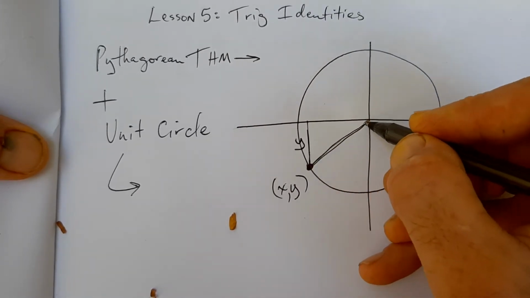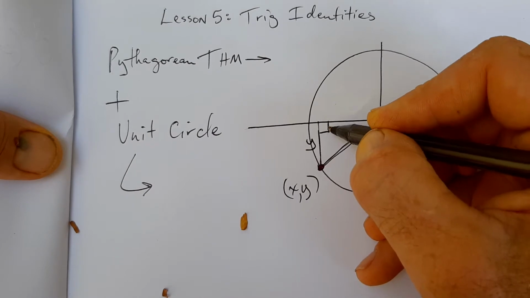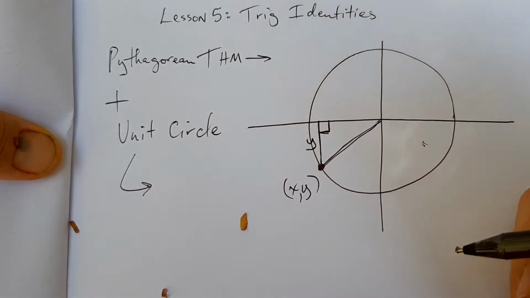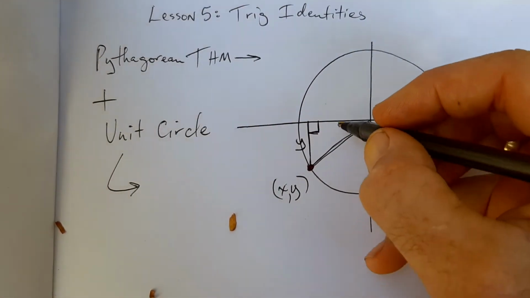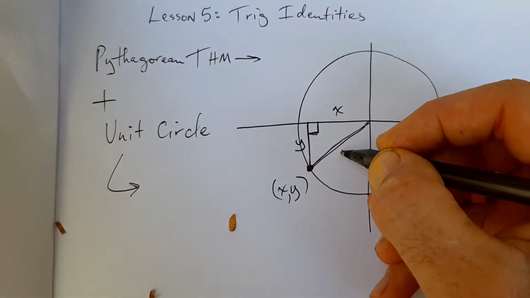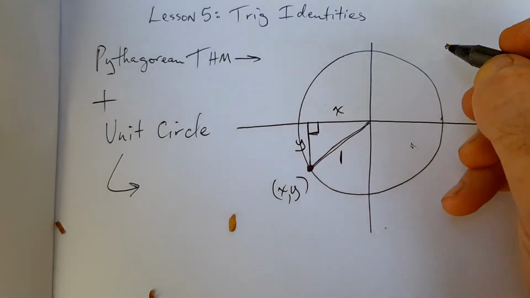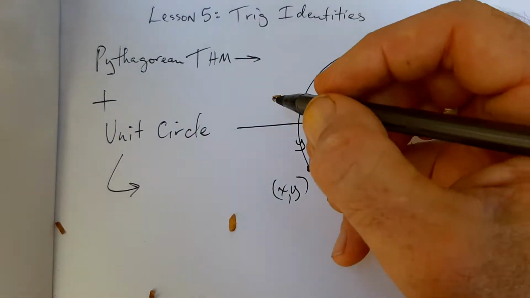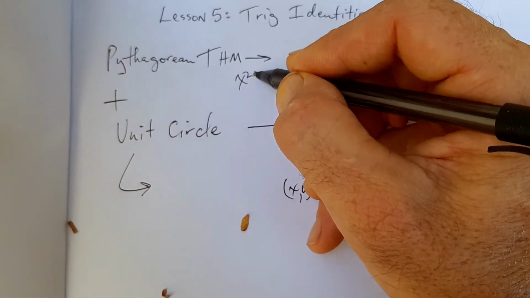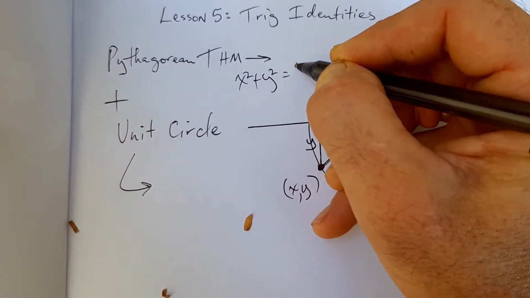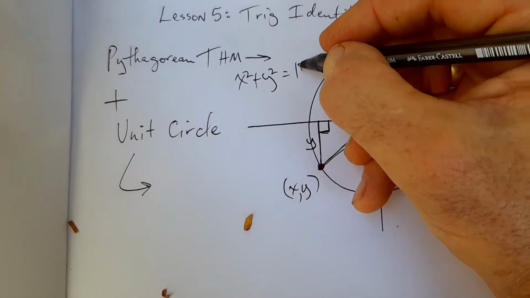And everything is a right triangle in the old coordinate plane, right? You can make everything a right triangle. So I have my y and my x, and if it's my unit circle, that's 1, and therefore, by the Pythagoras theorem, you got x squared plus y squared equals 1 squared, right?